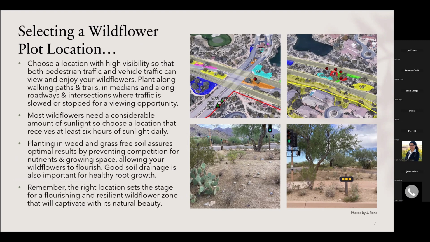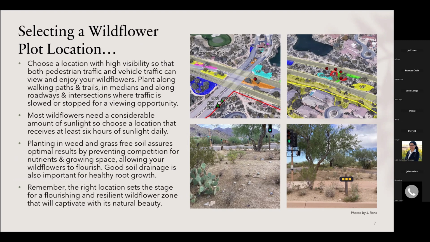Down below, I just recently took these photos, and those two areas we just got done prepping those for our wildflower seeds. Removed any grasses, weeds, or anything like that. So when you find a spot in your community or at your home or in a landscape, look for an area that's got plenty of sunlight, free of weeds as much as possible, in grasses.